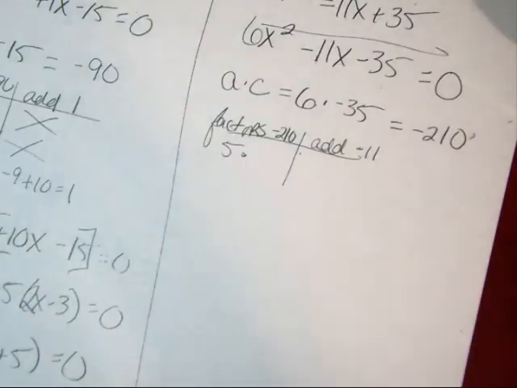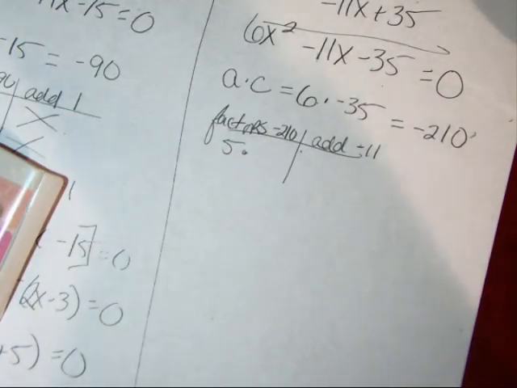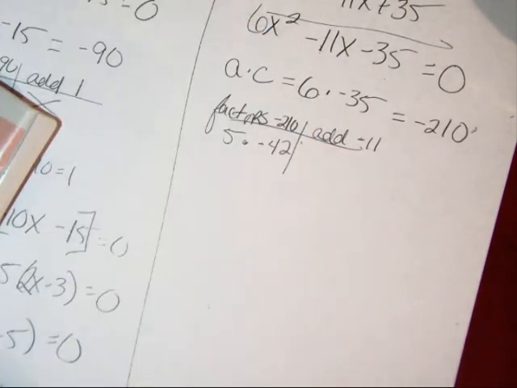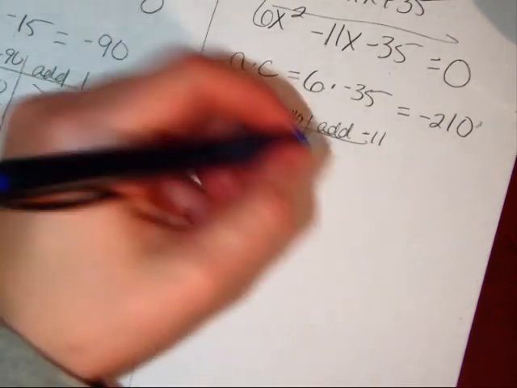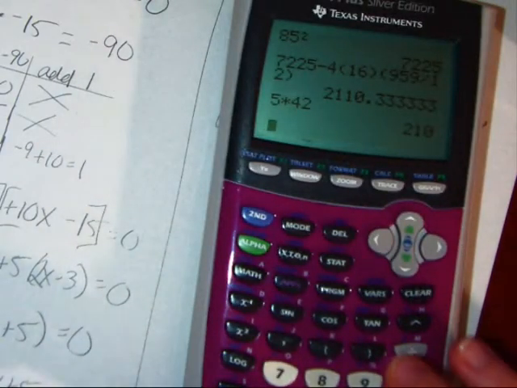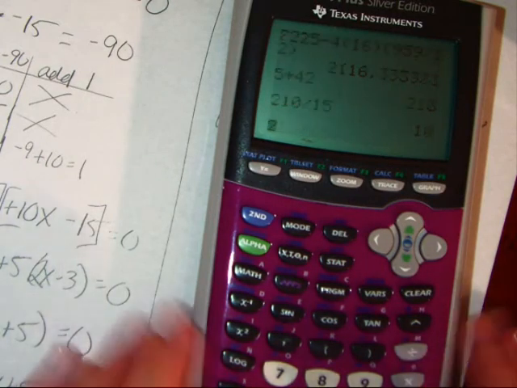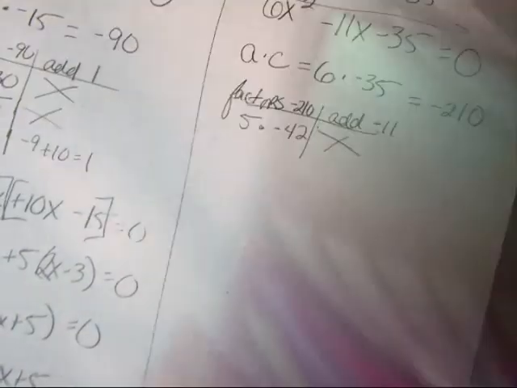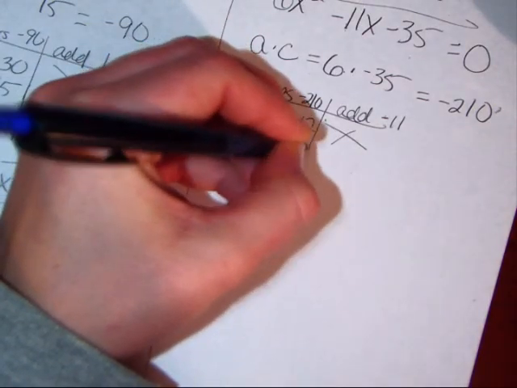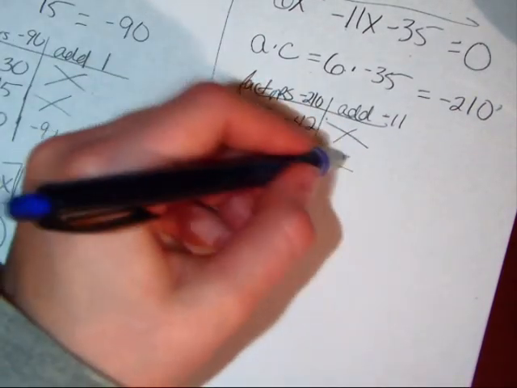Alright, 5 times 42, or negative 42, because I got to get negative 210. That's not going to give me 11, though. We could do 210 divided by 15, maybe. 15 and 14? How about a negative 15 and a positive 14? Well, that's not going to give me 11, so that's not right.